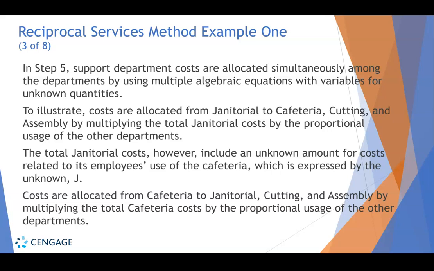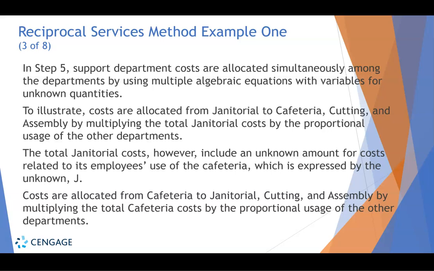Costs are allocated from janitorial to cafeteria, cutting, and assembly by multiplying the total janitorial costs by the proportional usage of the other departments.